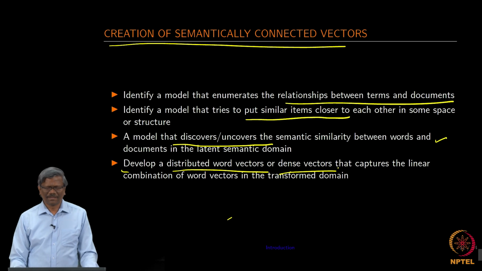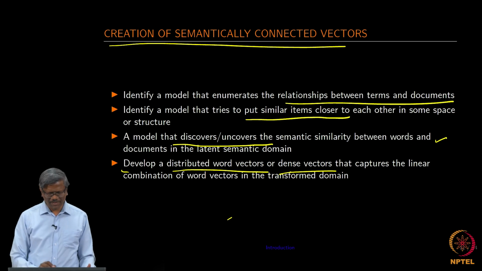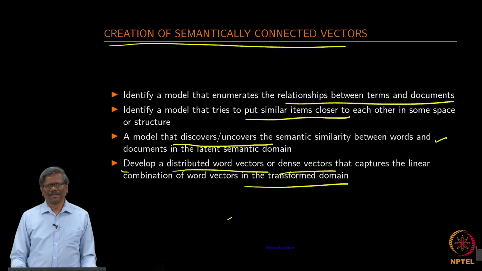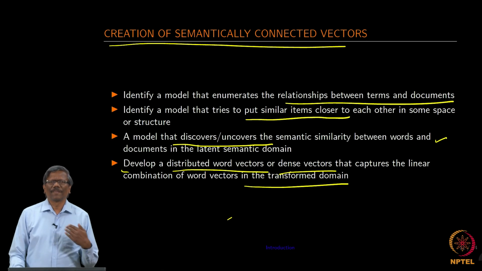So, this is a very important step to do. If we do these kinds of operations, we will be able to get into the transform domain and then see certain latent relationships between the terms and the documents. So, thereby we are learning what the word is all about. The word will not just represent that word alone.